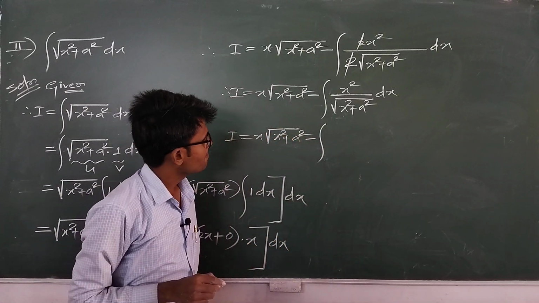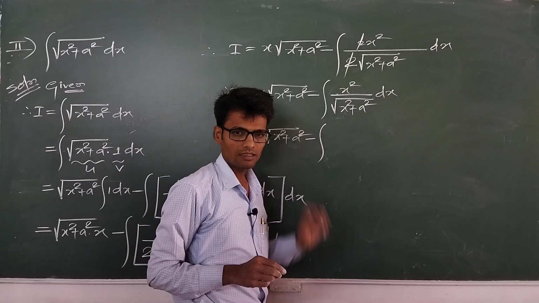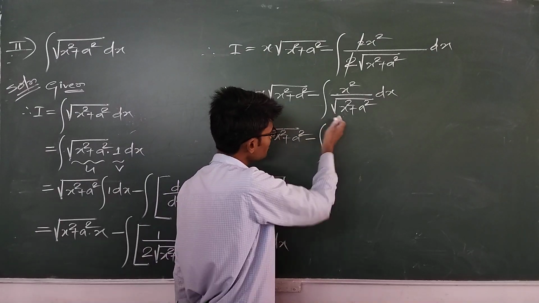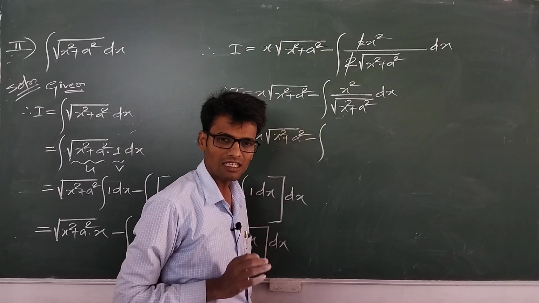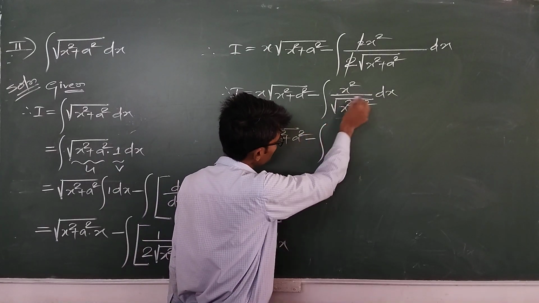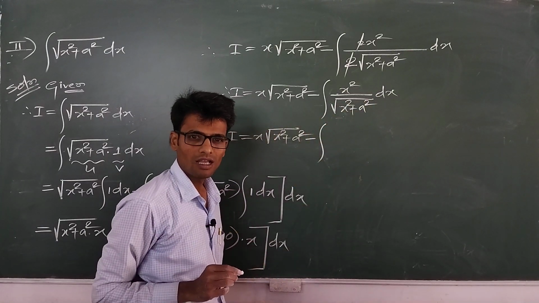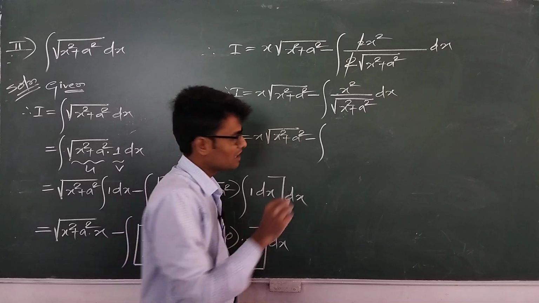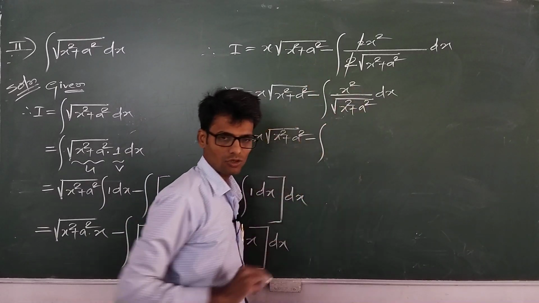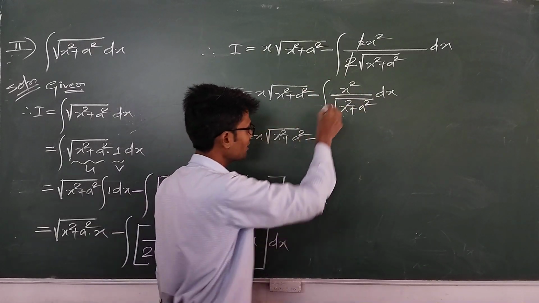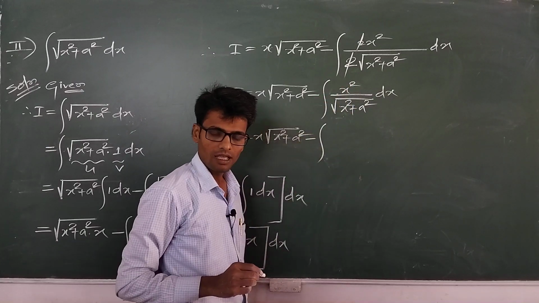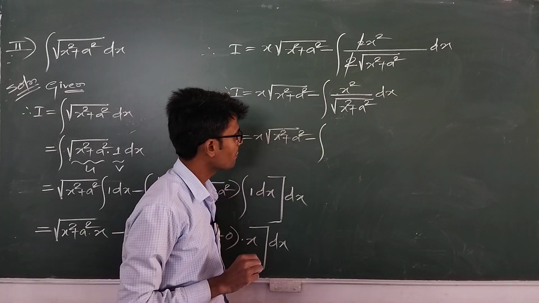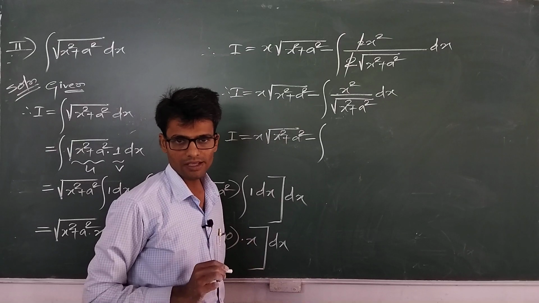To apply integration for this one, you write it in the standard form. In the denominator we have square root of x square plus a square. Hence x square plus a square is required in the numerator also, but we have only x square in the numerator. That's why we add and subtract a square.